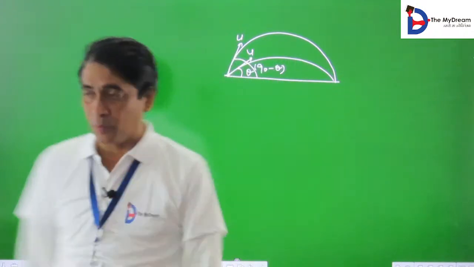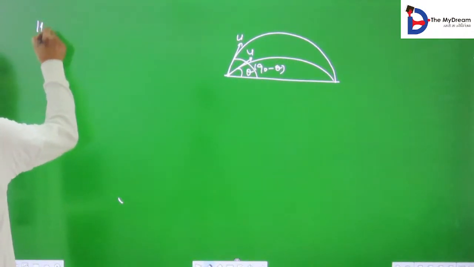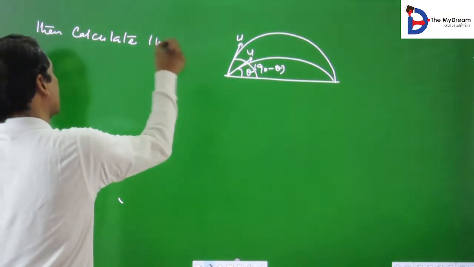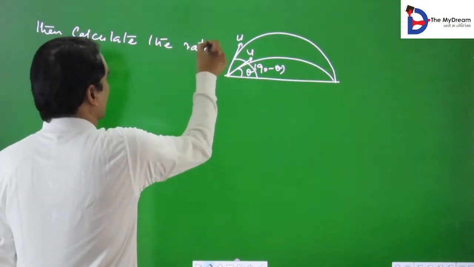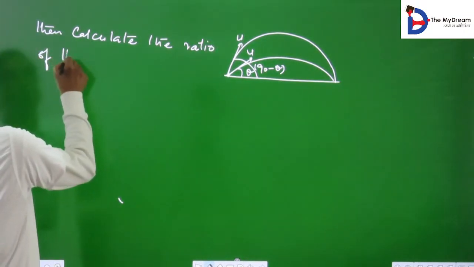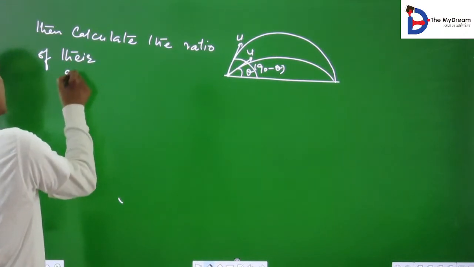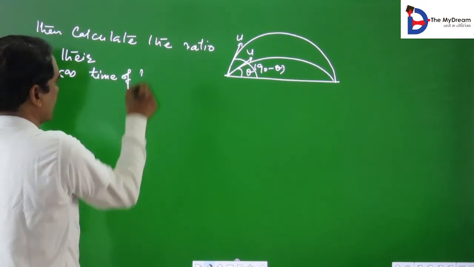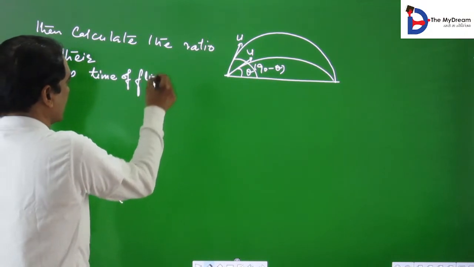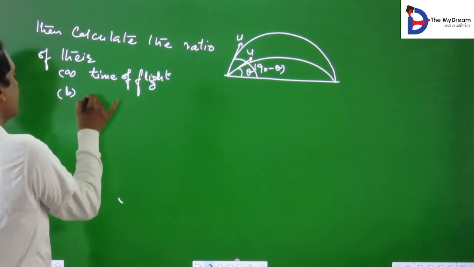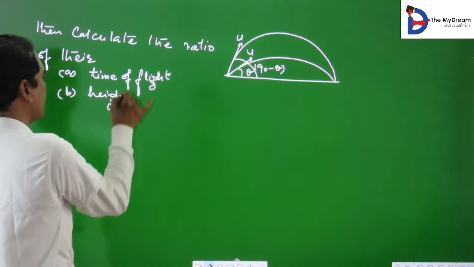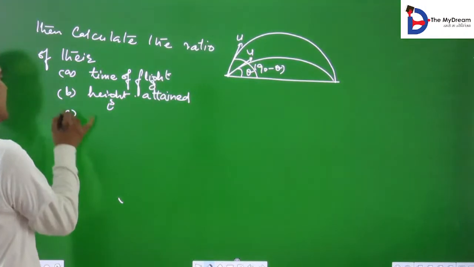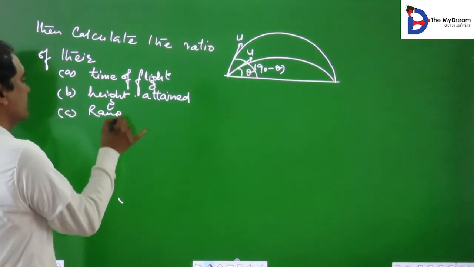Then calculate the ratio of their first, time of flight, second, height attained, and third one is the range, ratio of their ranges.